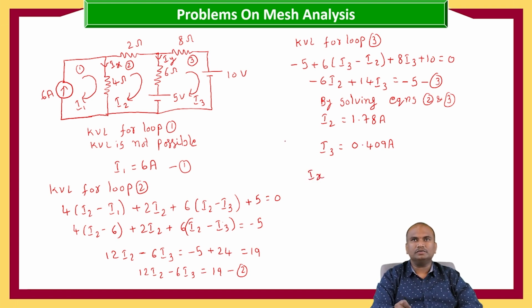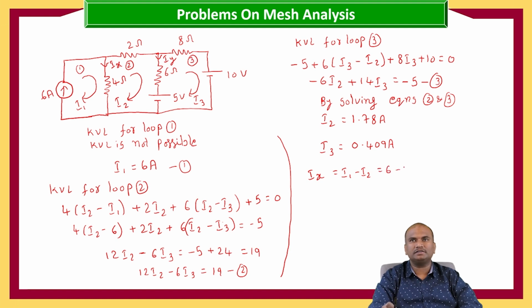Now Ix is equal to I1 minus I2, because Ix is in the downward direction, which is in the direction of I1.